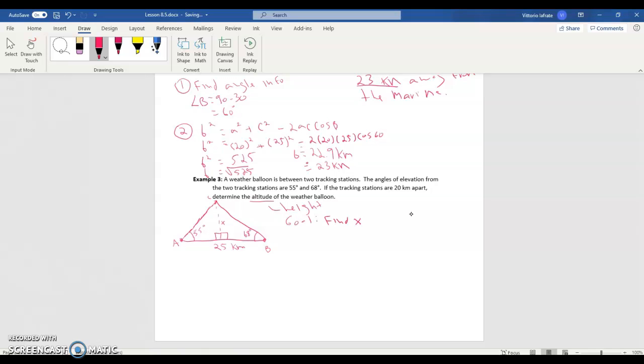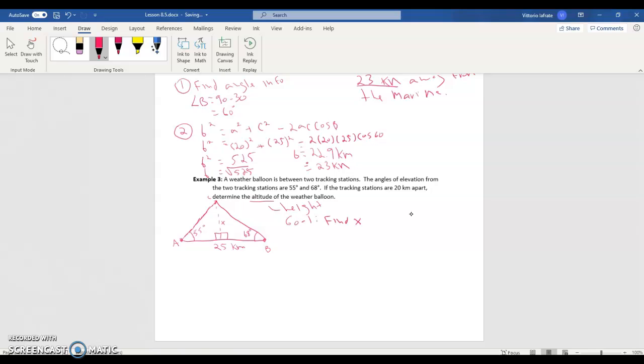You want to find x. It's within a right triangle. So I'm thinking maybe I could use one of the trig ratios. I probably could, but I need more information. I have one angle. I need a side, either here, here, to find that x. So that won't really work out.